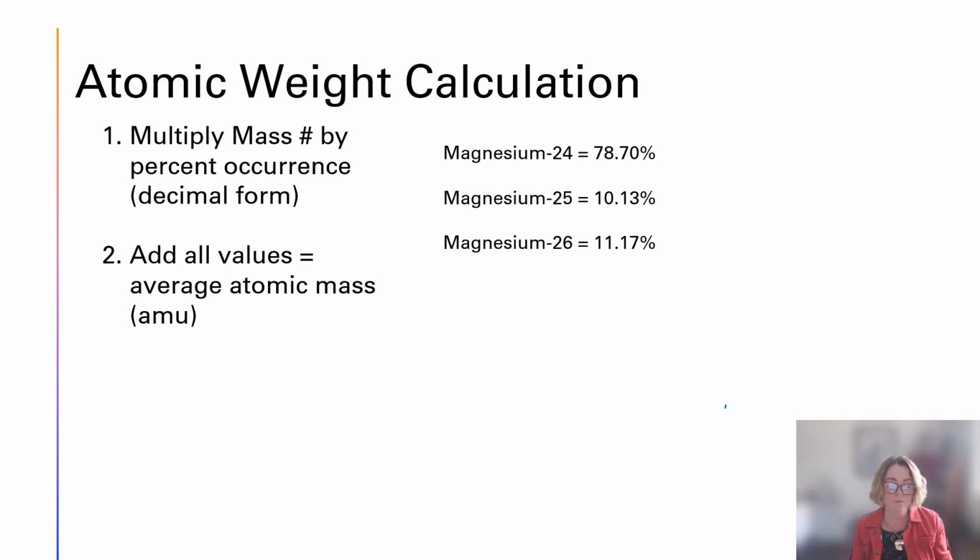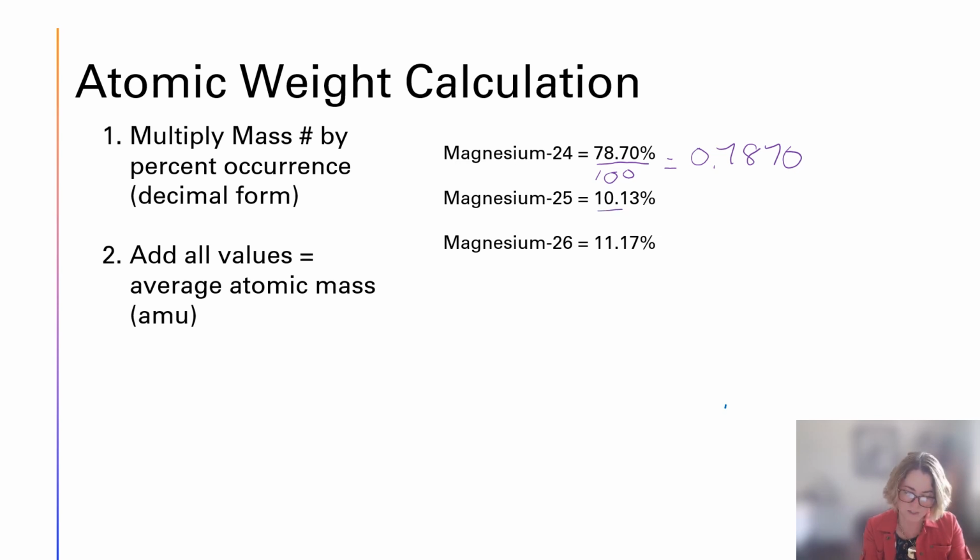All right, so the very first thing that I would do before anything else is to take each of the percent abundances and convert them to decimal form. And to do that, you literally want to divide each of those values by 100. So that gives us 0.7870.